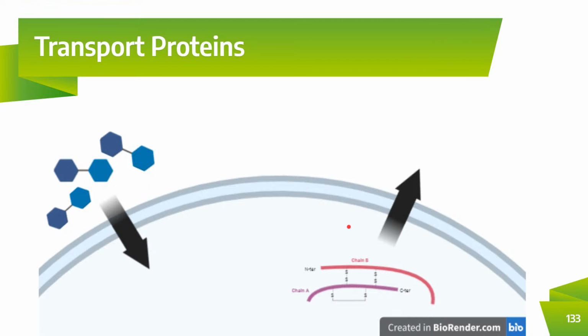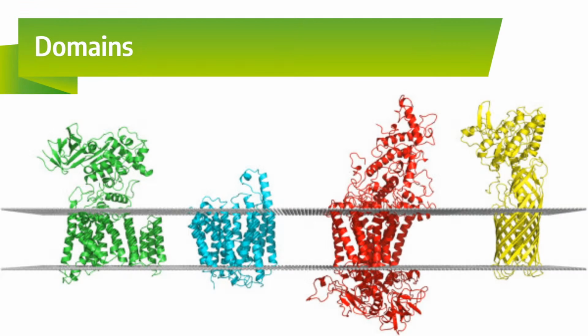Okay, so if we think about this kind of transport, we've looked at proteins that would be able to have this function in past workshops. In one of the very first ones, when we talked about secondary structures, I already talked about domains, those parts of proteins that have a specific function.